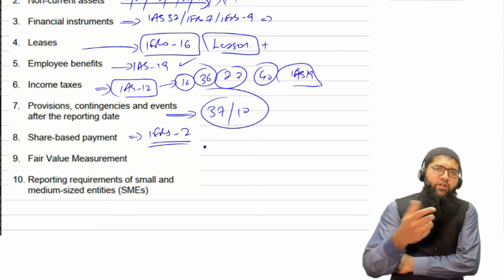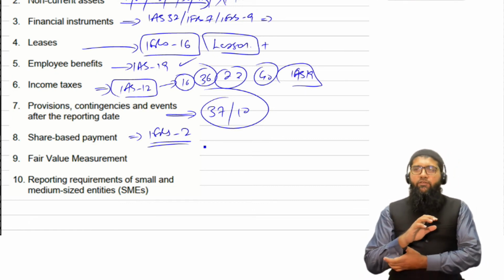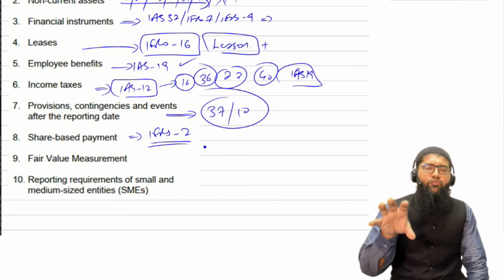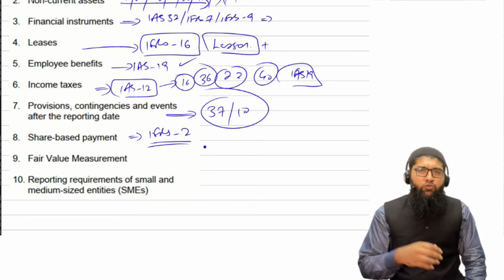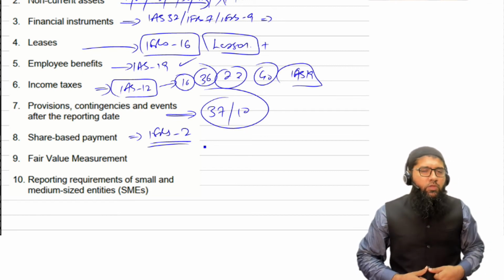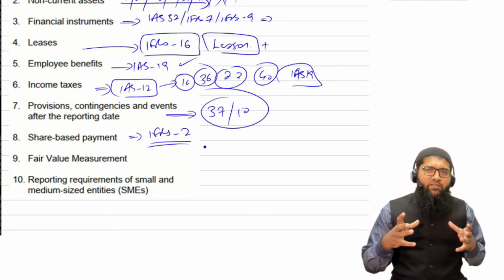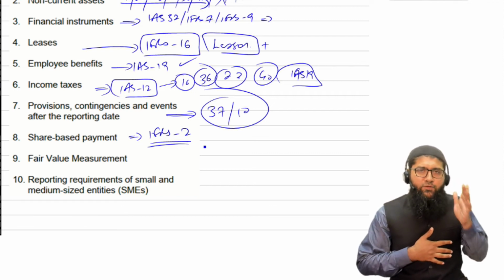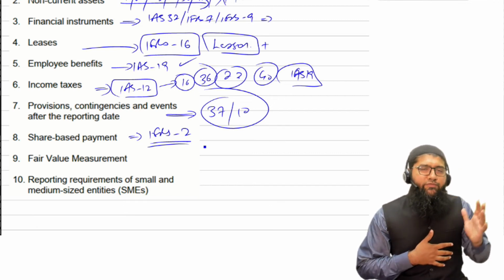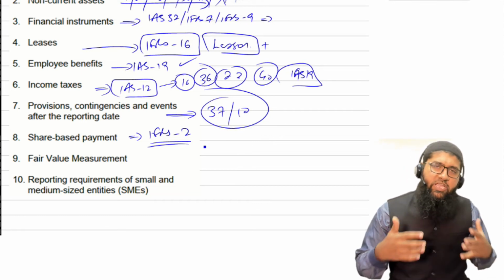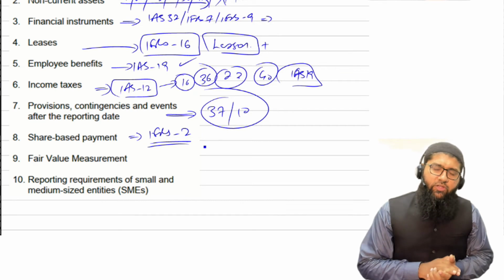Let's try to find a different way out. Now, what's that different way out? We would commit that we will give you X many number of shares of the company. You supply goods to us. So if the supplier thinks that your company is a high growth company, has future potential, has a good future ahead, he would probably accept these shares as consideration.